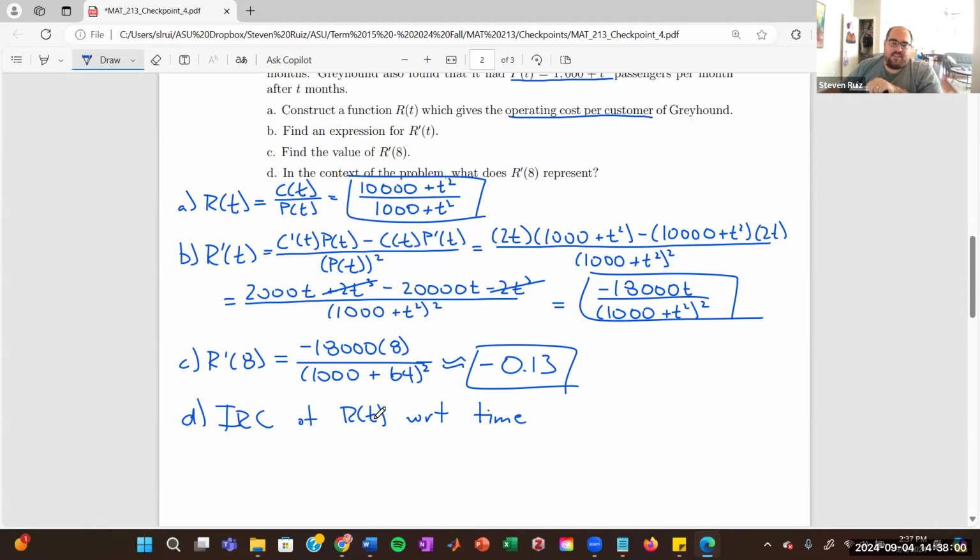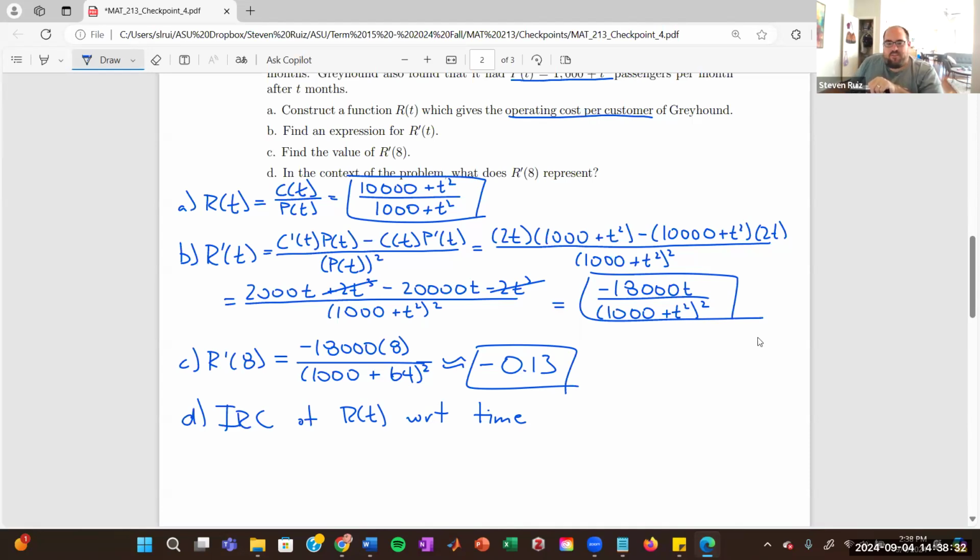R of T tells us the total cost per customer for Greyhound bus to operate. So this rate of change says, what is that cost per customer doing? Is it increasing? Is it decreasing? And by how much?